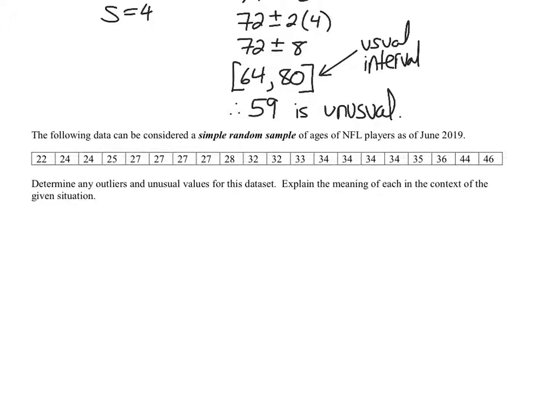Just as a quick refresher, 82 and 10, that's perfectly beautiful because if I add 2 standard deviations to 82, what would I get? 102. So it's not unusual to get a score above 102. I like the sound of that. That means hundreds are in the usual range. That works for me.